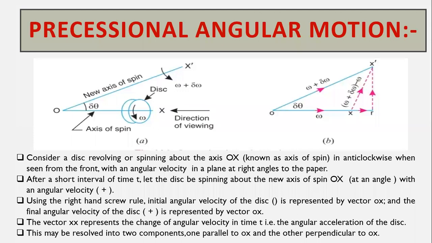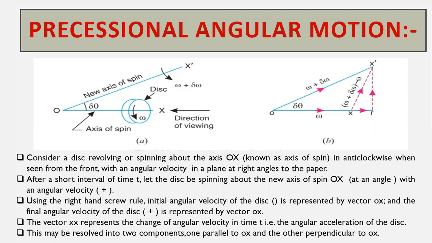When it is revolving, after a short interval of time t, the disk goes to a new axis of spin. So the disk moves from the axis of spin OX to OX dash, as you can see on the left side of the picture, with an angle delta theta.